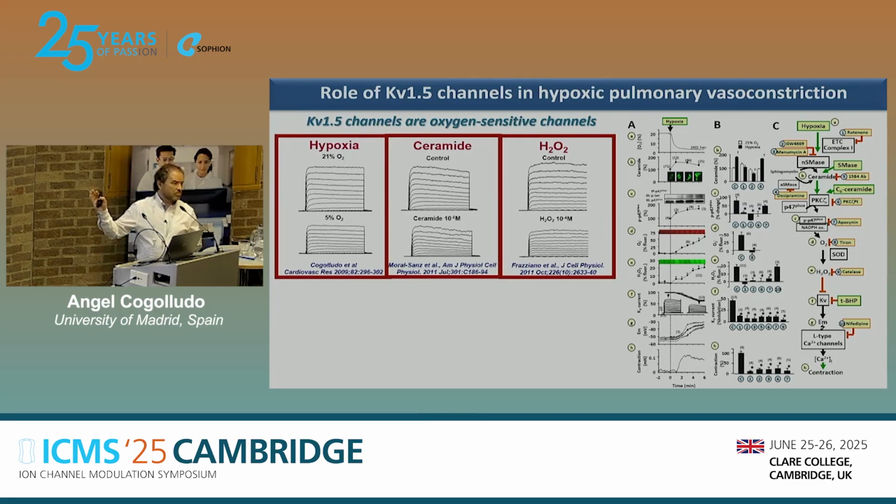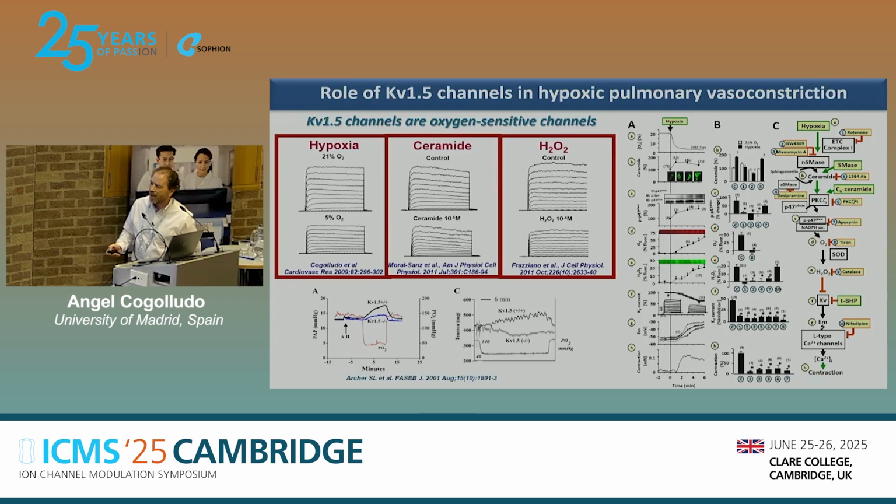But beyond the exact mechanisms inducing the inhibition of Kv1.5 channels, we have a lot of evidence in favor of the role of these channels to participate in this important response in the pulmonary vasculature, hypoxic pulmonary vasoconstriction.